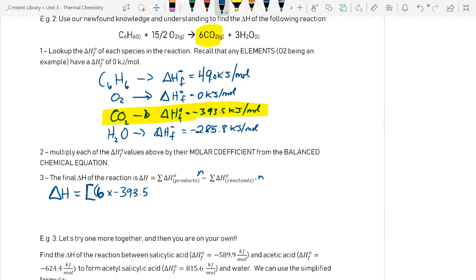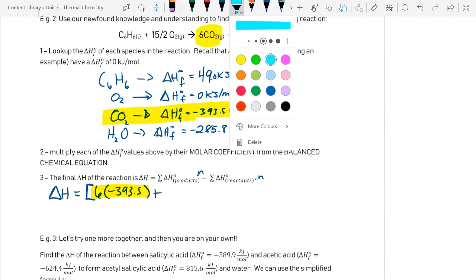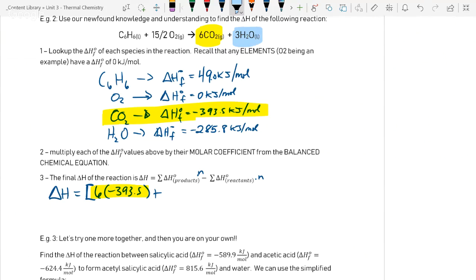Okay, good. And to be honest, I would probably write it like this: 6 and then just open a bracket, negative 393.5. And then sum means we're doing what with the next one? Adding it. Okay, what is the next one? Next product. And how many of them? Cool. So who wants to tell me what I'm going to put here? Who's feeling brave?